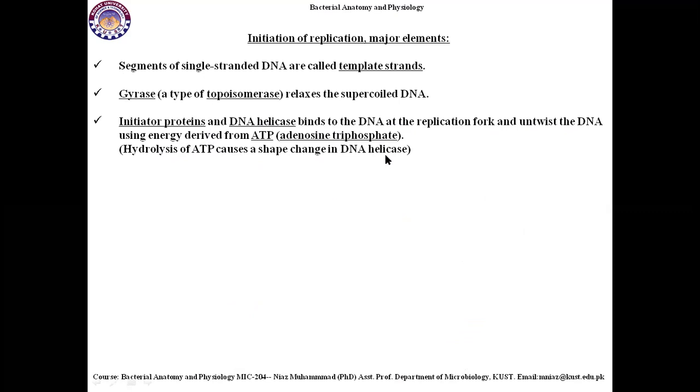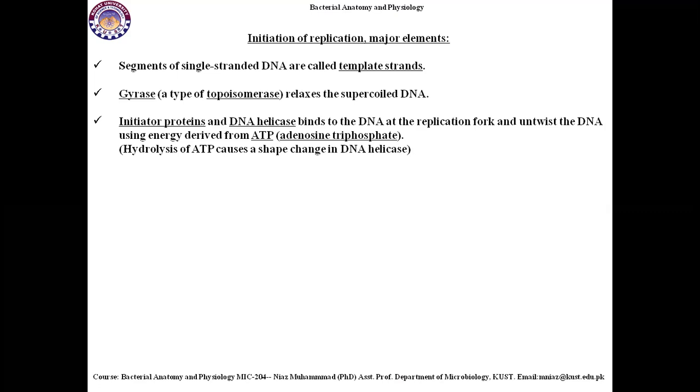So this will initiate. First, when gyrase comes, it will bind with DNA. It will make it loose from one side. It will release or relax the supercoiled structure of DNA. When it is relaxed, it will convert into a small place, into single strand, if you can understand.